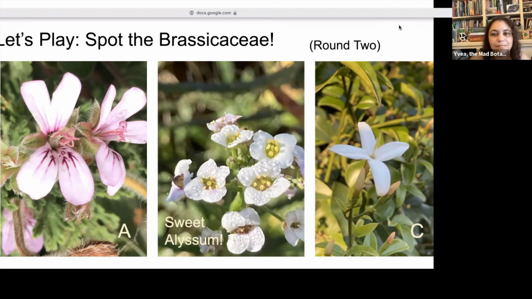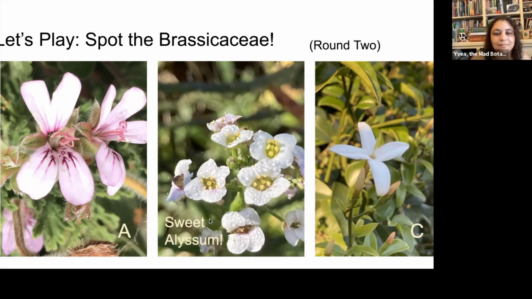Which one is more likely to be true for Brassicaceae? I thought lots of flowers have 4 petals in a cross shape, even in other families. So I thought C was more likely to be something else. And then the 6 stamens was more likely to be Brassicaceae.